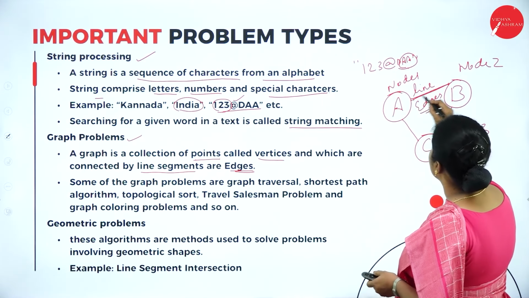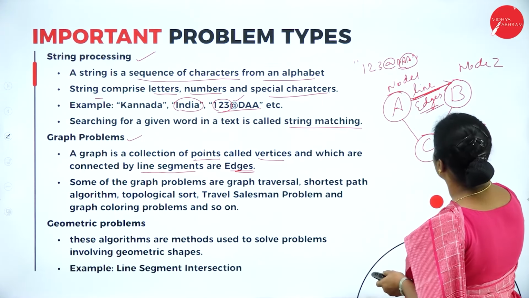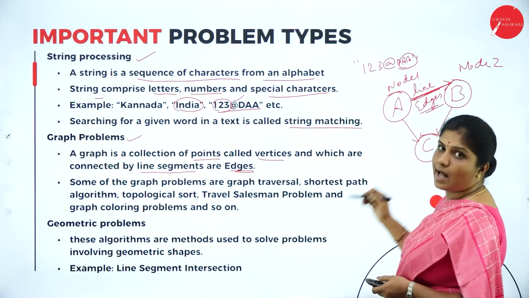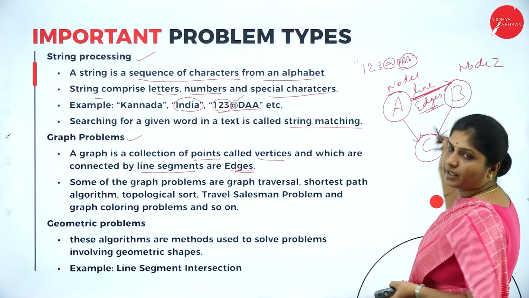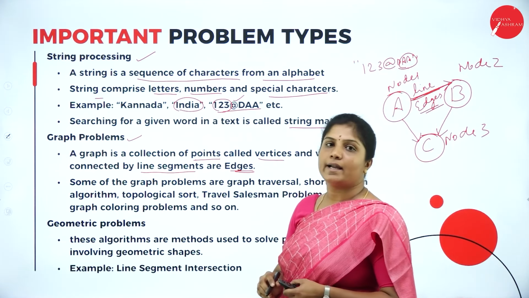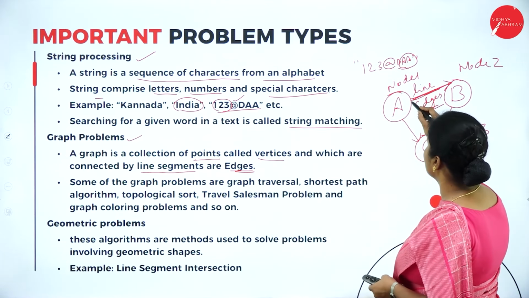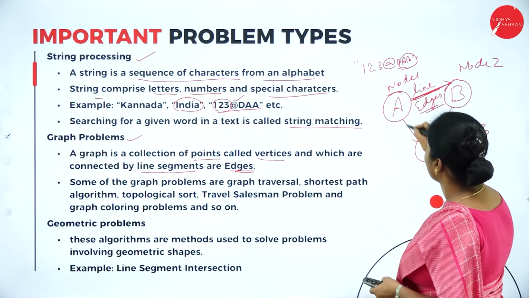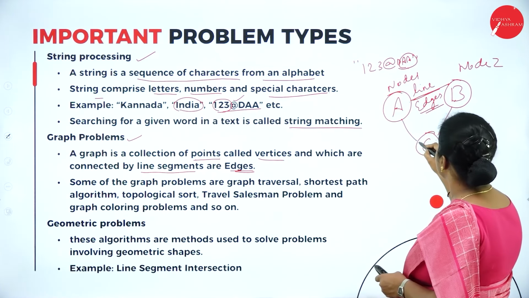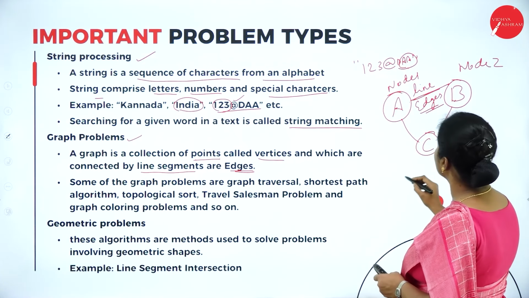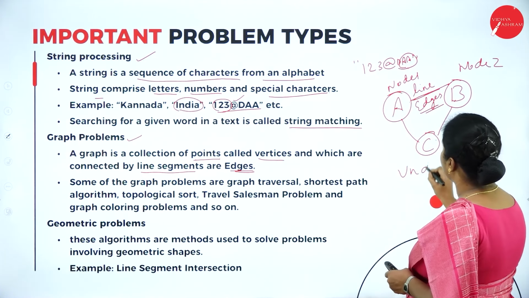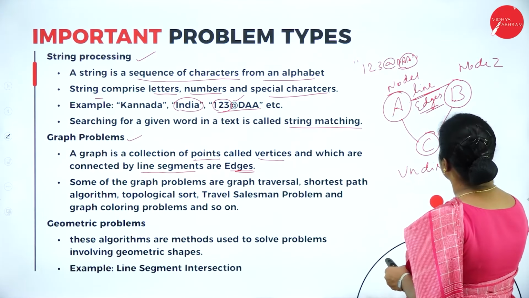If this graph has arrow marks like this, then we can say it is a directed graph. It's showing the direction: you should move from A to B, B to C and A to C. If it does not contain any arrow marks, then it is called an undirected graph.